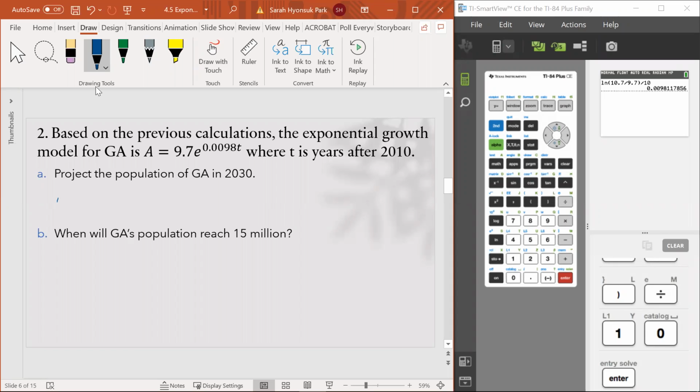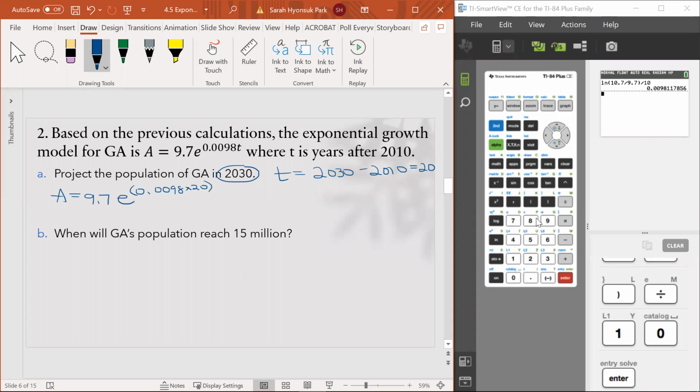So here we have A equals, so we're looking at A, the final amount at 2030. So that means we need to know T. Well, T is 2030 minus 2010. That's going to be 20 years. So in here, 9.7 E to the 0.0098, I'm going to multiply by 20.